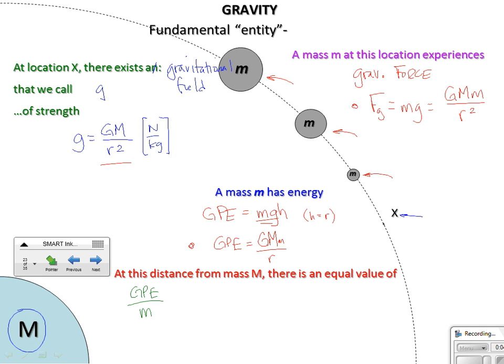If we took G M m over r and divided by m, we get that. So they have an equal value of GPE per unit mass, and we call that gravitational potential.